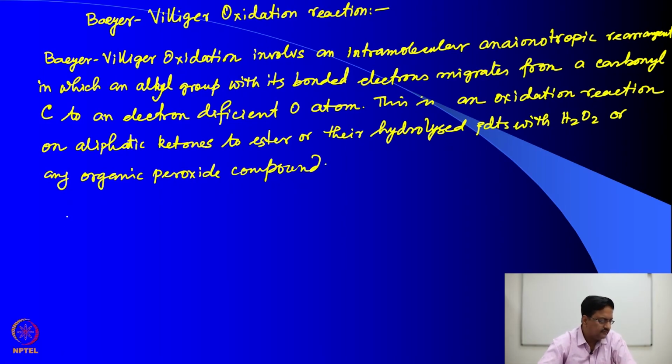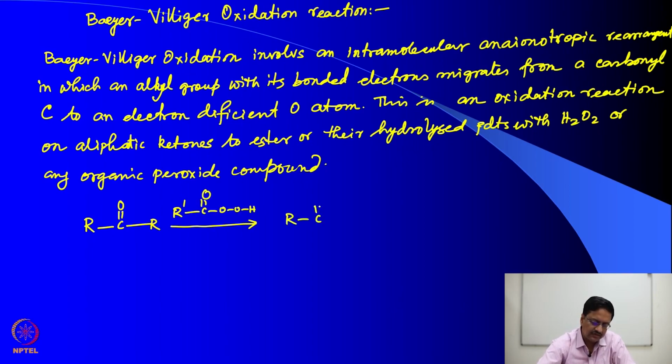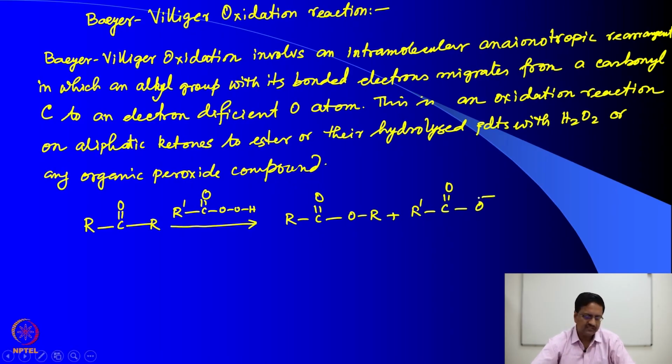So, the reaction is very simple. RCOR' is my starting ketone. It reacts with a peroxy acid to give the RCOOR' ester, and the peroxy acid gets converted to the simple anion, the acetate anion. This reaction takes place through a few steps, which I am going to show in the next slide.